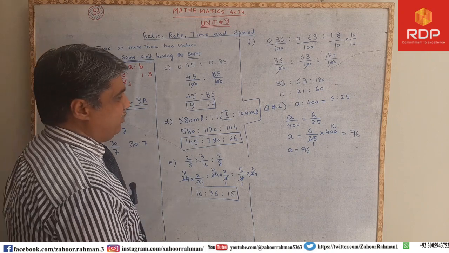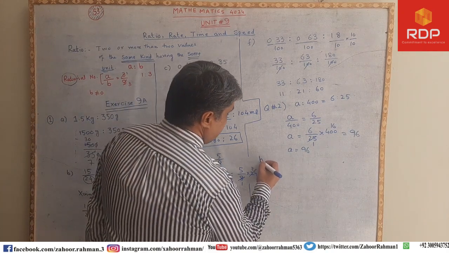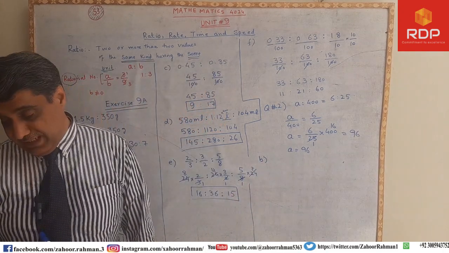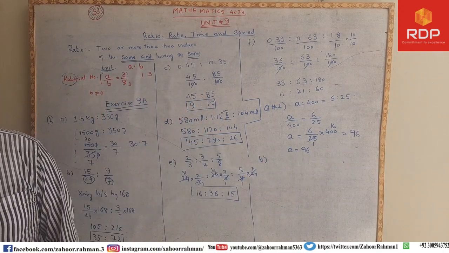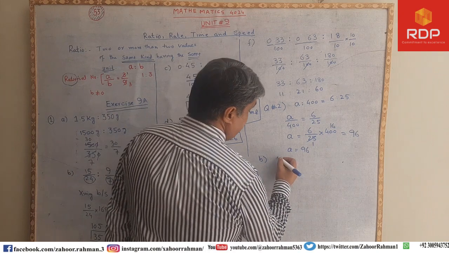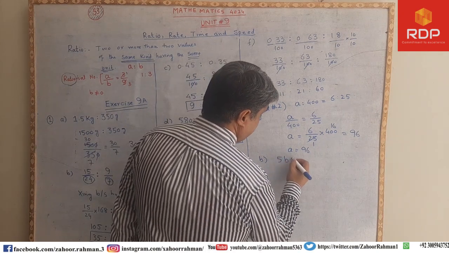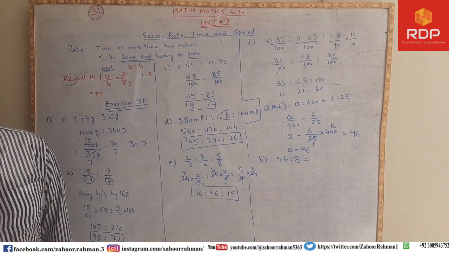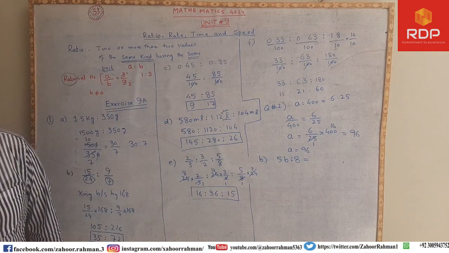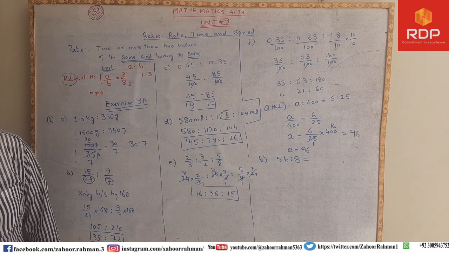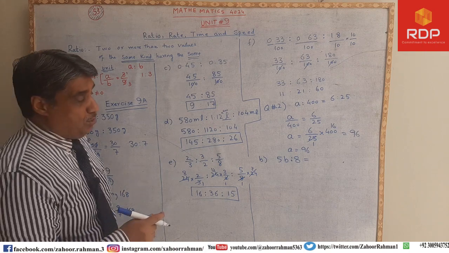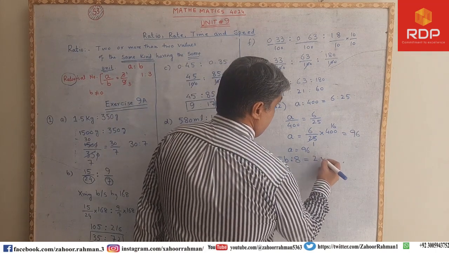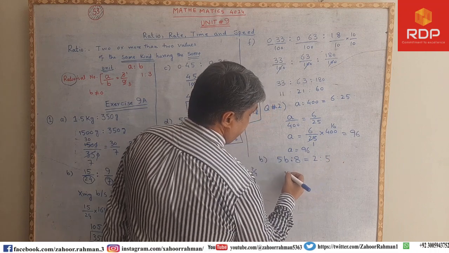Now we are going to find the B part, and in this they are saying given that 5B : 8 is equal to 2 : 5.